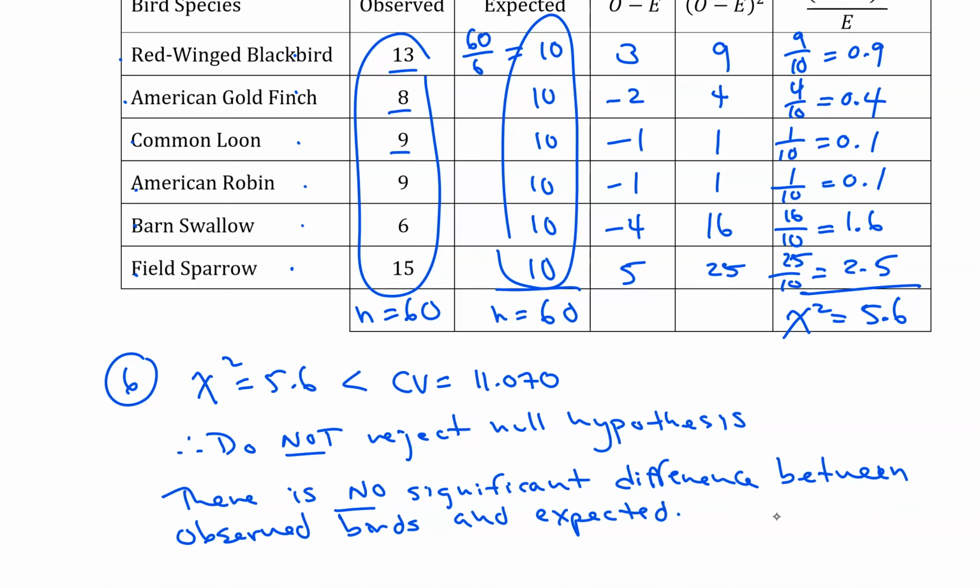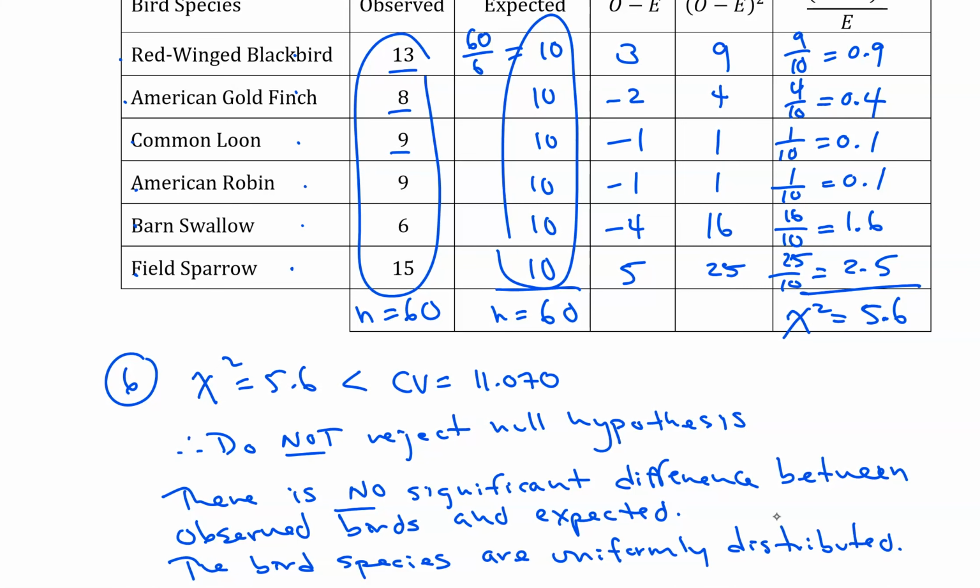And my expectation was that they were uniformly distributed. So no difference between the observed and expected. Therefore, the bird species are uniformly distributed. We are equally likely to see sort of each of the categories or each of the different birds that we're looking at.